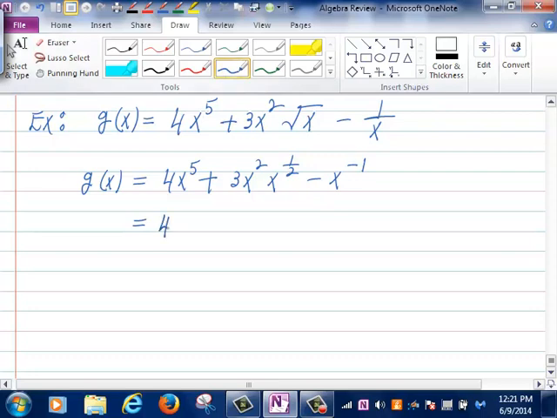So this will be 4 times x to the 5 plus 3 times x squared times x to the half, which is what? X to the 2 plus half. And what is x to the 2 plus half? X to the 5 half, right?